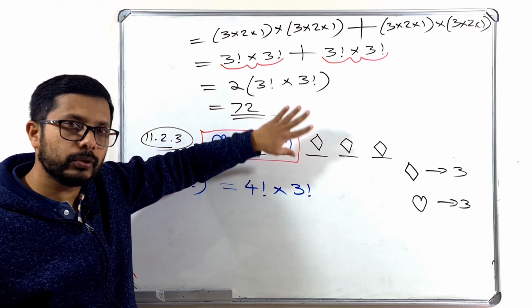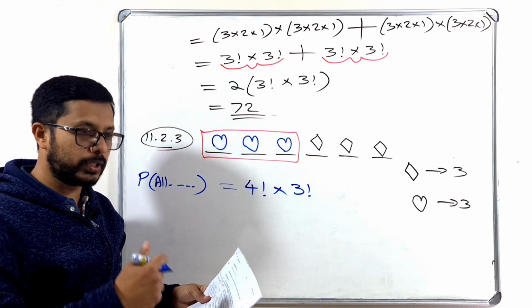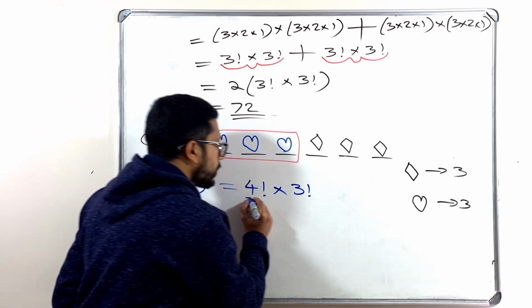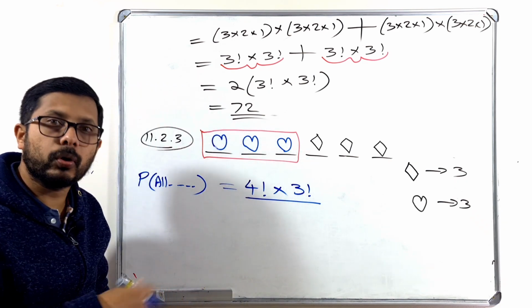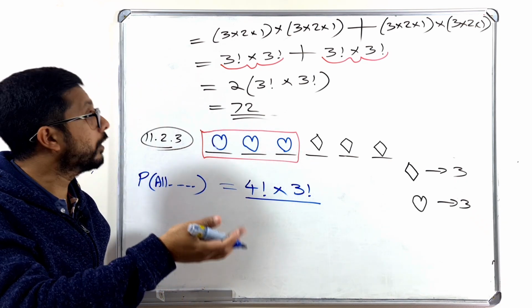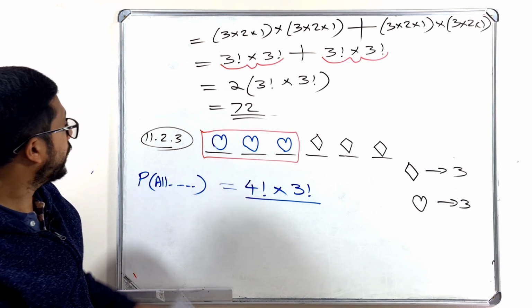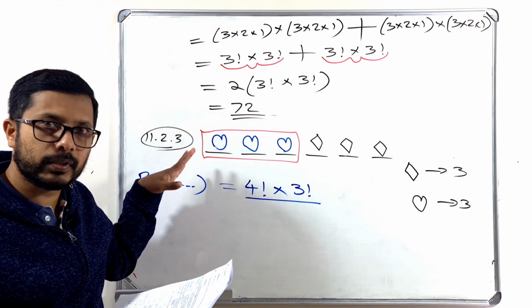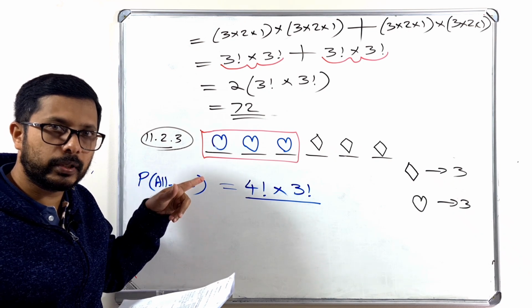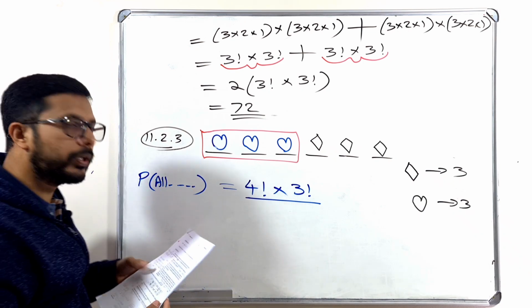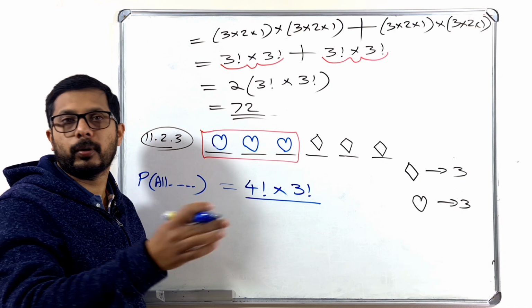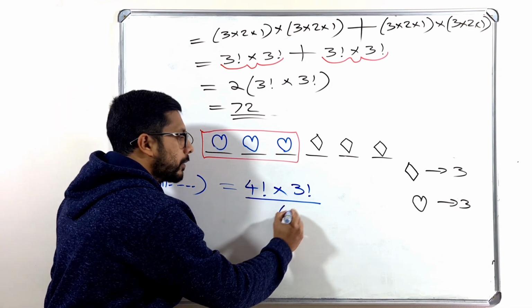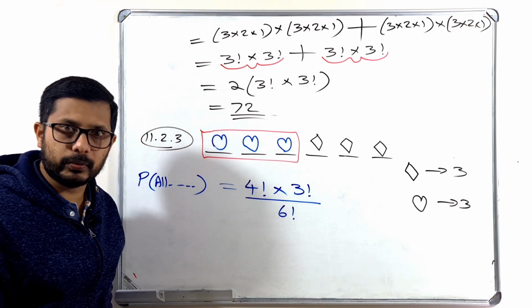But when the question asks for probability, you are supposed to divide by the total number of possibilities. In the 11.2.1 question, without any condition, what was the answer there? 6 factorial. Do you remember that one? So without any condition, the total is 6 factorial. That means divided by 6 factorial.